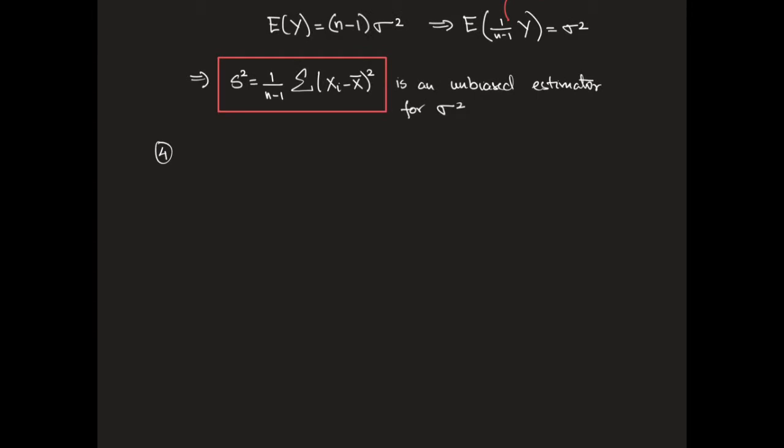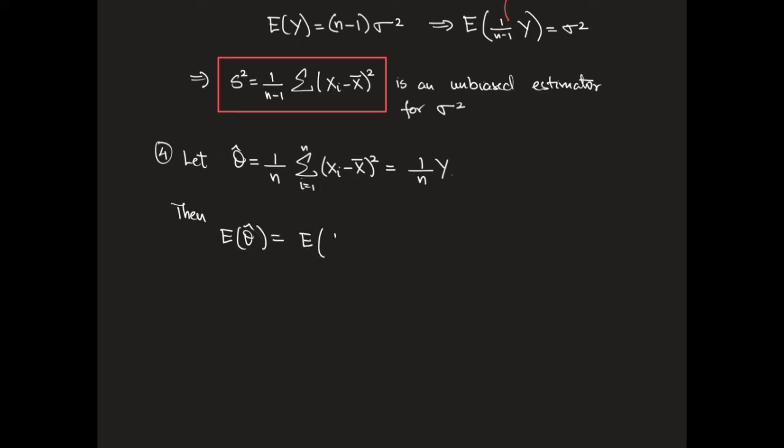For our final example, we are going to consider the estimator theta check that is going to be defined by 1 over n times the sum of the squared deviations of the sample entries from the sample mean. This is going to be equal to 1 over n times Y, where Y was defined in example 3.